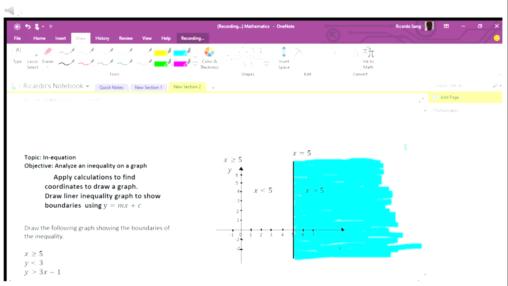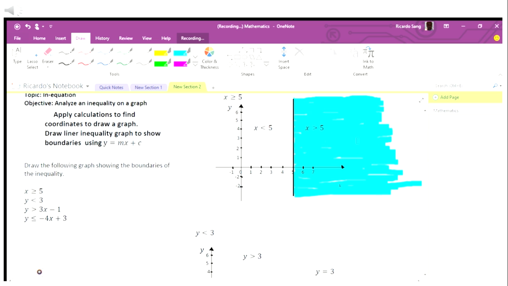Okay, so this is the region we're talking about, and that is where x is greater than or equal to 5.